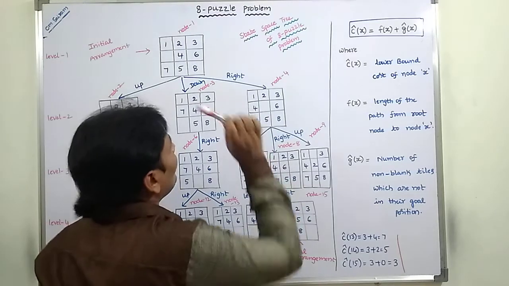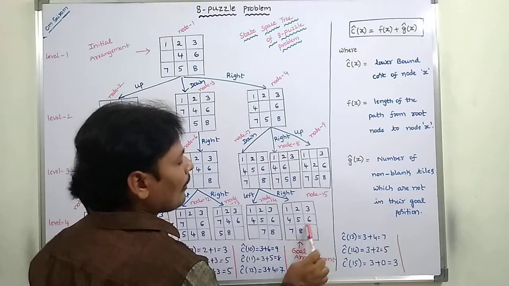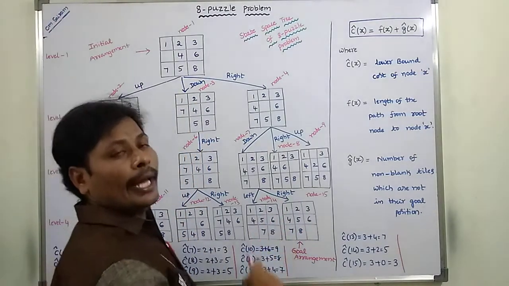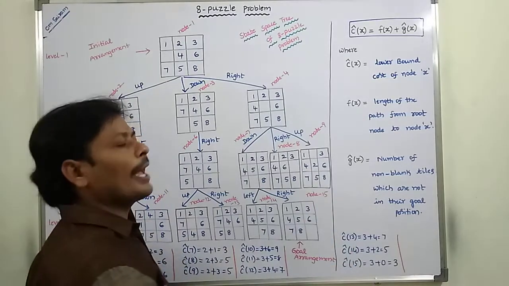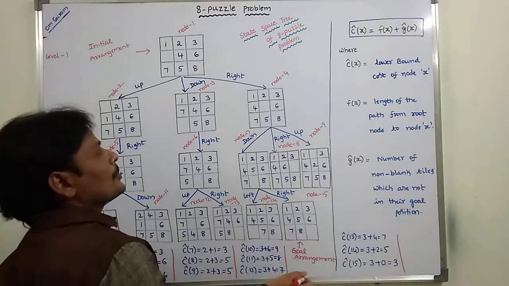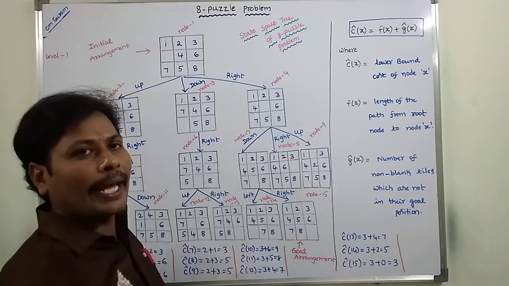What is the goal arrangement? This is 1, 2, 3, 4, 5, 6, 7, 8, and the last empty slot is there. Whenever we get the goal arrangement, we have to stop extending the node. For this is the initial arrangement and this is the goal arrangement.